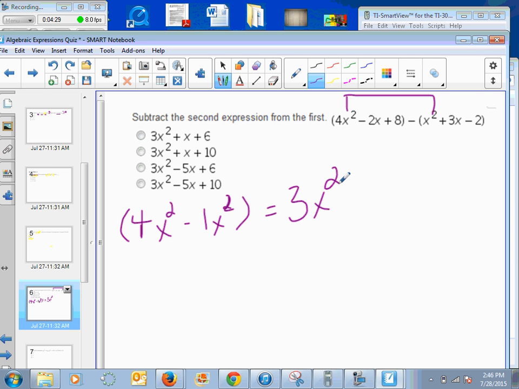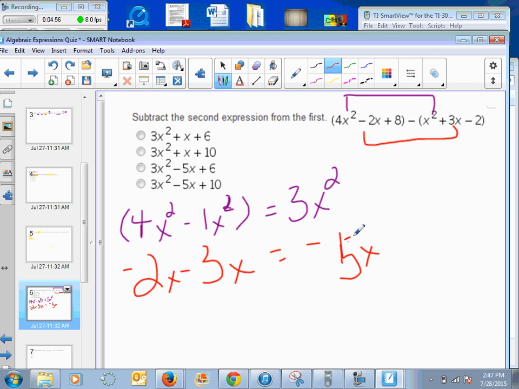Now, we've also got a -2x and a positive 3x. So you've got -2x minus 3x. Now -2x minus 3x is going to give you a -5x, sorry.